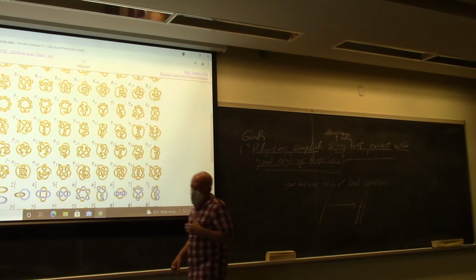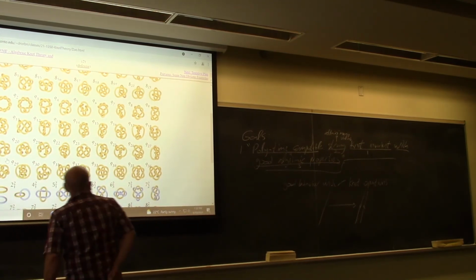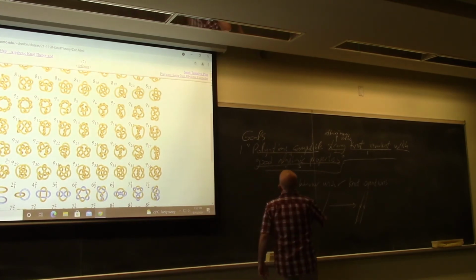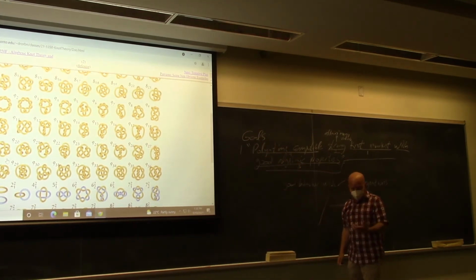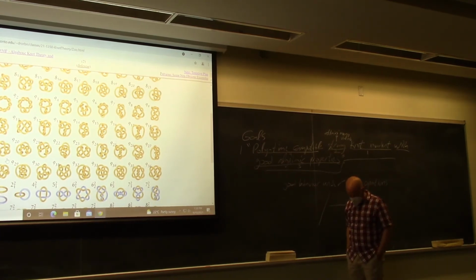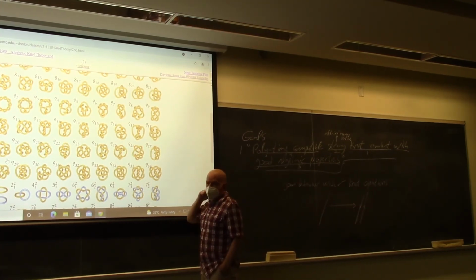I only have 10 minutes, and I wish I had a little bit more. I'll very quickly tell you what is polytime computable, and then start with the actual content. The knots we care about turn out to be big.